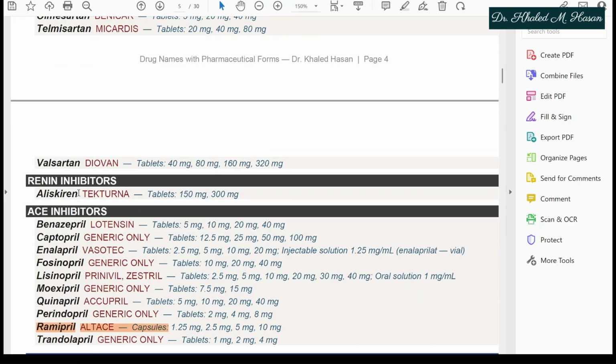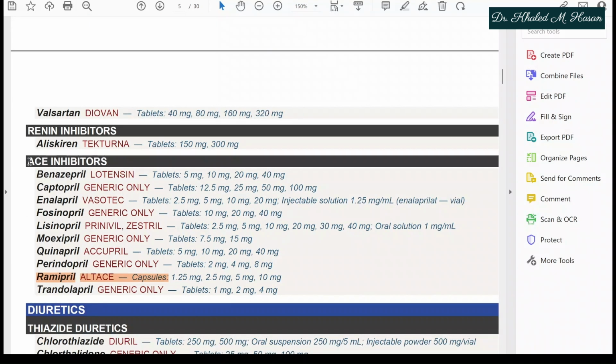Moving to the next group, renin inhibitor, we have one medication, aliskiren, brand name Tekturna, available as tablets 150 and 300 milligram. Angiotensin converting enzyme inhibitors, ACE inhibitors, suffix pril. As you can see here, we have benazepril, captopril, enalapril, fosinopril, lisinopril, moexipril, perindopril, quinapril, ramipril, Altace, and trandolapril.